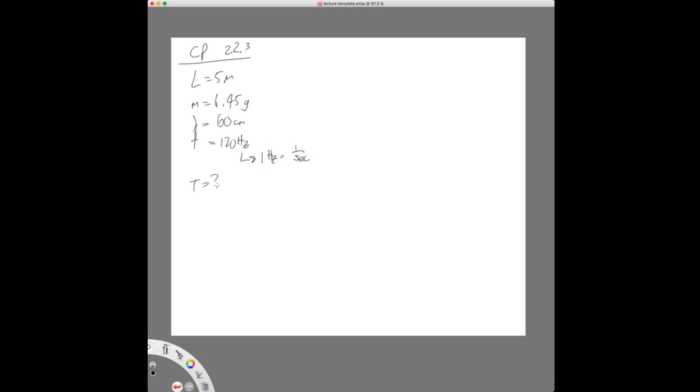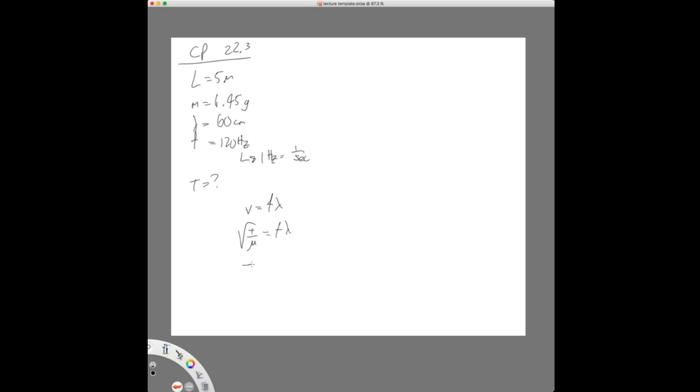Okay, so we know that the velocity is frequency times wavelength, and the velocity is the square root of the tension over the linear mass density.